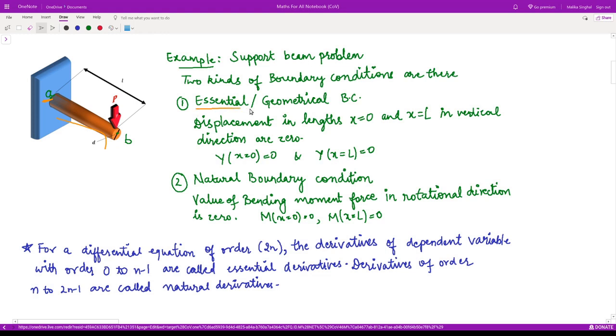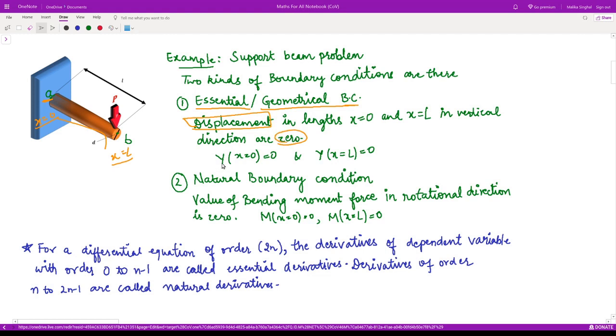So here 2 kinds of boundary conditions are there. One is the essential or geometrical boundary conditions. Those are imposed on the displacement. That is, we are saying displacement at length x is equal to 0, and this is the length x is equal to L. We are saying that the displacement in the vertical direction is 0 at these 2 points.